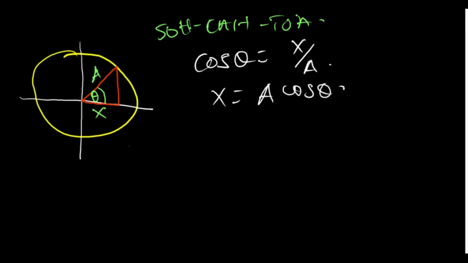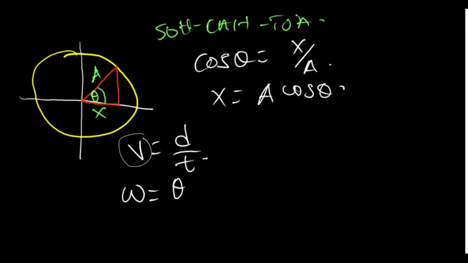We can say that velocity is equal to the distance over time. But when we come to circular motion, when we're talking about the velocity, we're talking about the angular velocity. The displacement is the same as the angular displacement.